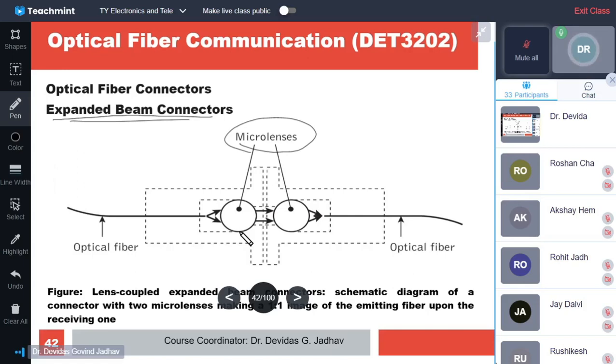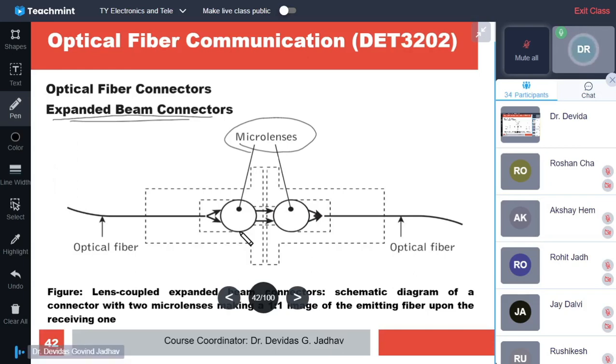If the convex lenses are there and if they are not held properly in position, then their focal point will not be maintained. So for that the micro lenses are spherical lenses, and those spherical lenses give a 1:1 image of the emitting fiber upon the receiving one.